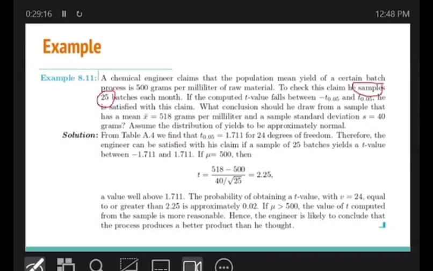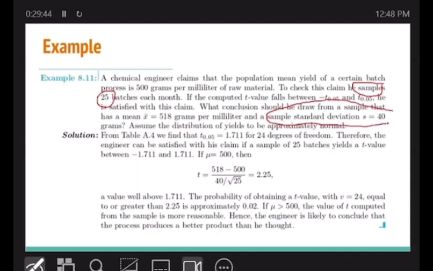That is less than 30, so it's classified as a small sample. Then what do they give us? A population standard deviation? No, they only give the sample standard deviation. The condition to make use of a T statistic is when you are given a small sample size and at the same time a sample standard deviation.